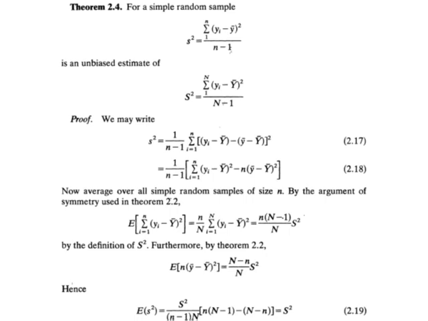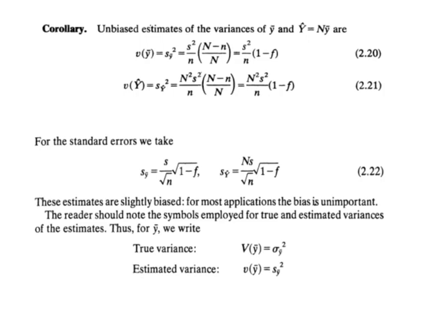Hence, the expected value of s small square is equal to capital S square over (n minus 1) multiplied by the two brackets, n times (capital N minus 1) over capital N minus (capital N minus small n) over capital N. Here we can simplify all these together to get the expected value of s small square equal to capital S square. This means that it is an unbiased estimate of capital S square.